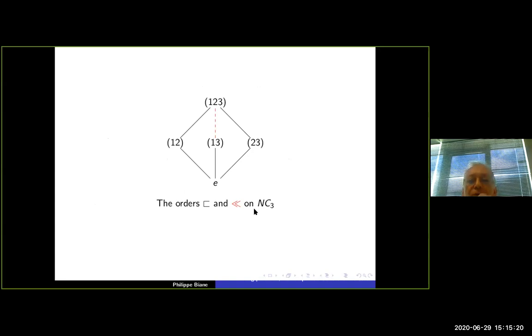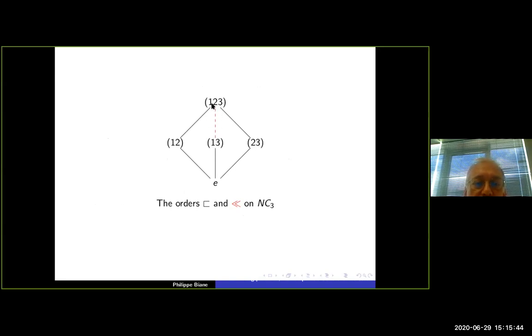So let me give you examples. So first, in the case of S3, or the non-crossing partition of order 3, we have here in black, I put the square order, and in red, I put the double order. Okay, so you see that all the relations are square relations except this one, which is a double relation.